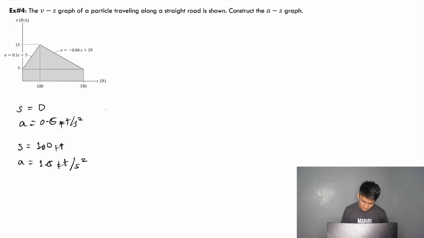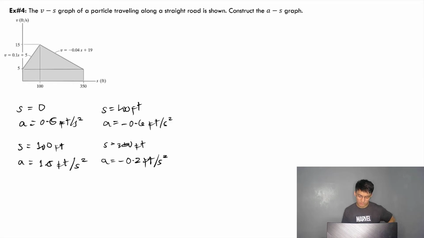Kapag yung ating position ay 100 feet, second motion, we have the acceleration of negative 0.6 feet per second square. And finally, for that 350 feet na position, acceleration natin ay negative 0.2 feet per second square. Ito yung mga points natin na ilalagay sa a-s graph.